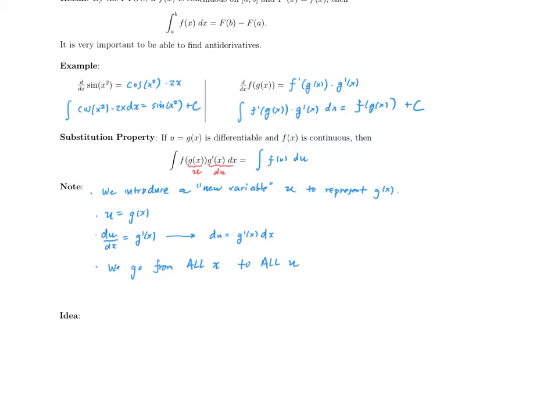And lastly, let me note the key idea before we jump into an example. The idea behind using a substitution is a very simple, intuitive one. This integral that we're starting off with is difficult to evaluate. Think of it as maybe a complicated integral. What we would like to do is express it in this different form that's going to be simpler and easier to evaluate.